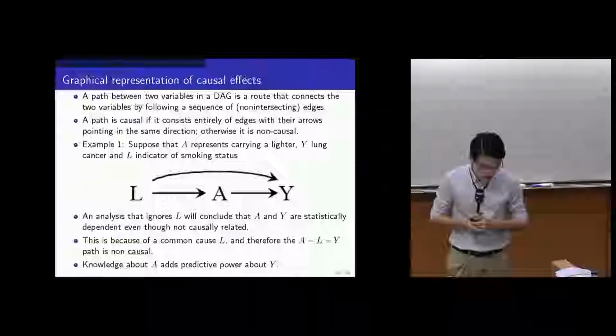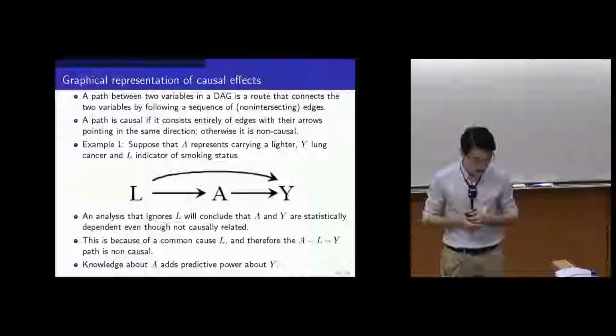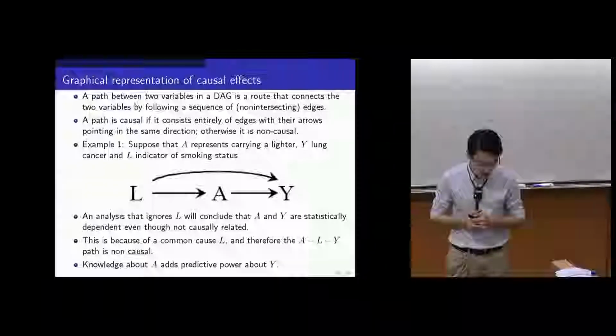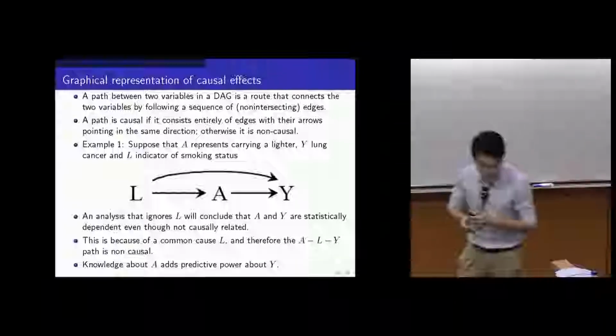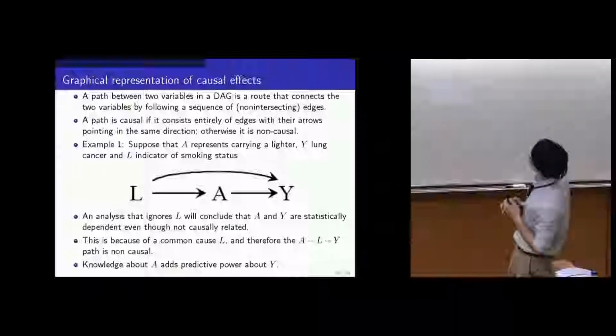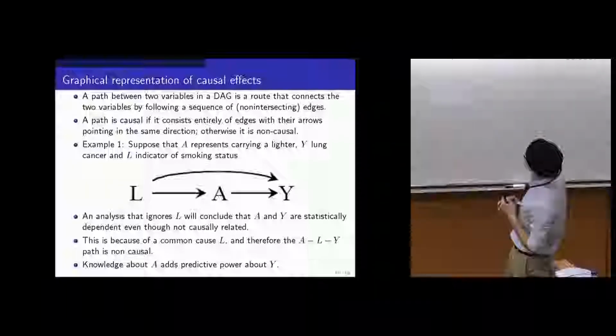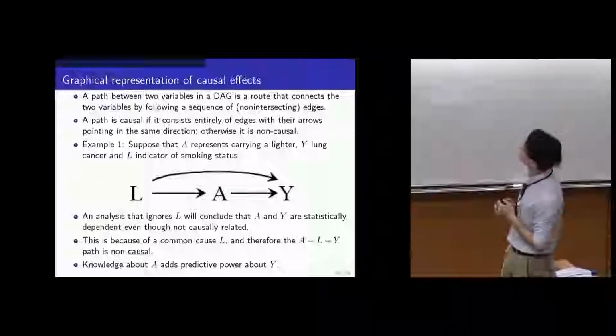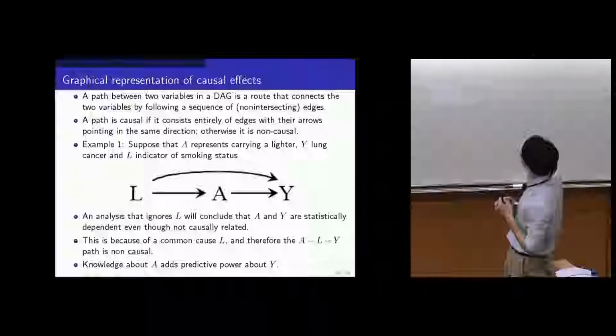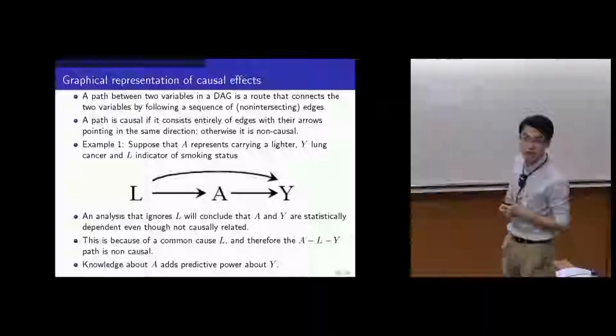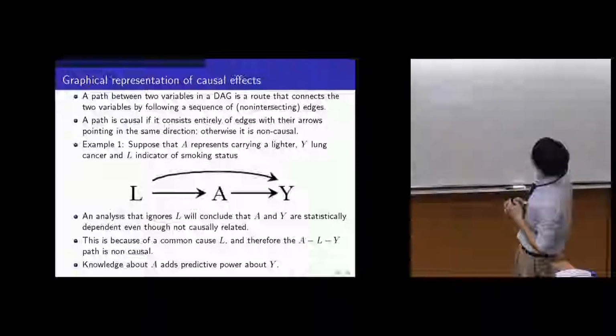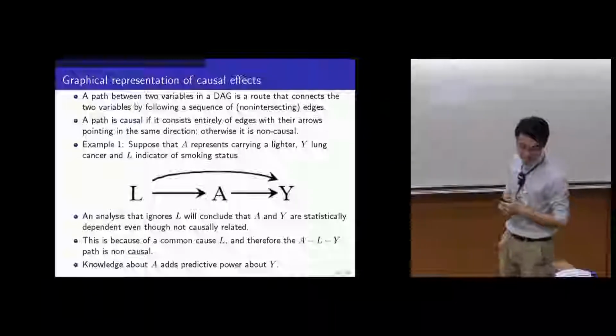So an analysis that ignores L will conclude that A and Y are statistically dependent, even though not causally related. This is because of a common cause L, and therefore this path is non-causal. So assume that there is an absence of this arrow here, this direct causal path. Then there's another open path from A to Y through L, right? Such that A and Y will be statistically dependent.